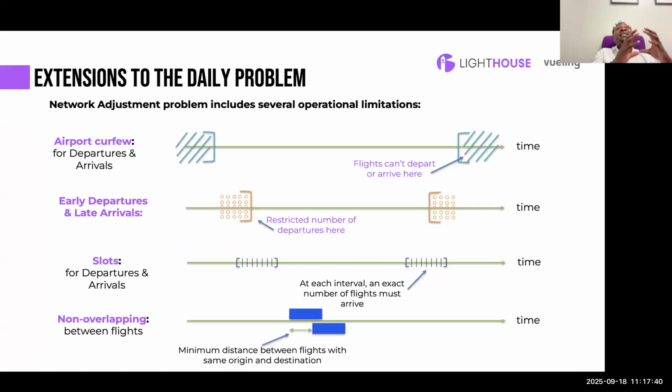By seeing this, we need also to understand a little bit of this problem that we have. Let us extend it to the daily problem and see the operational limitations, because in the airport we have something like an airport curfew. That is the time when flights cannot depart or arrive.